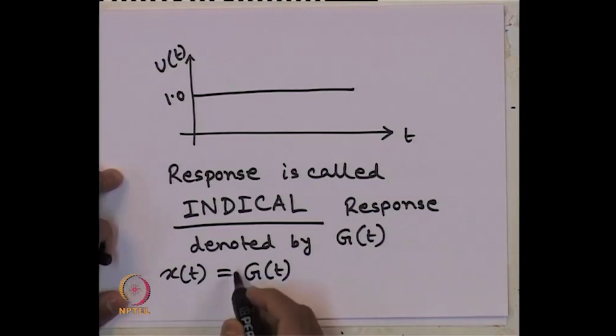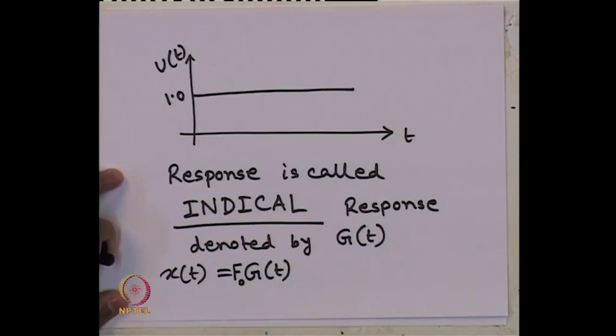So, for any force F, as we have used a constant force of F naught, in that case the total response should be F naught times that indicial response. Indicial response is for a unit load.